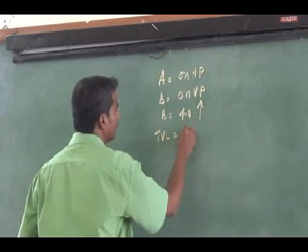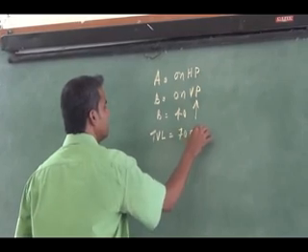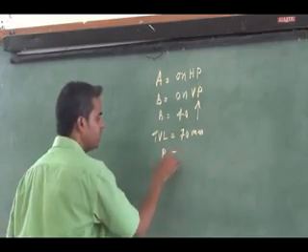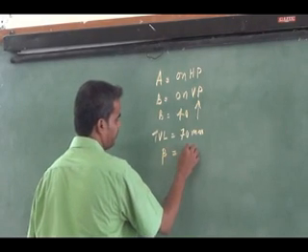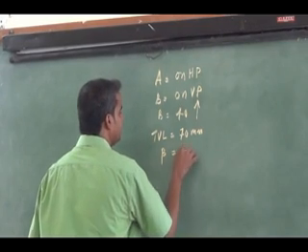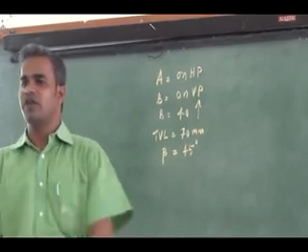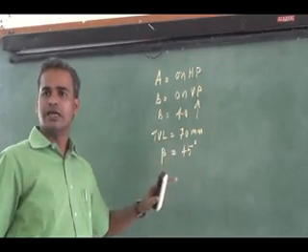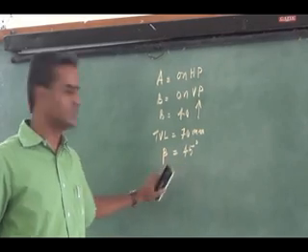The top view length and top view angle measure 70 mm and 45 degrees respectively. Top view angle is beta.